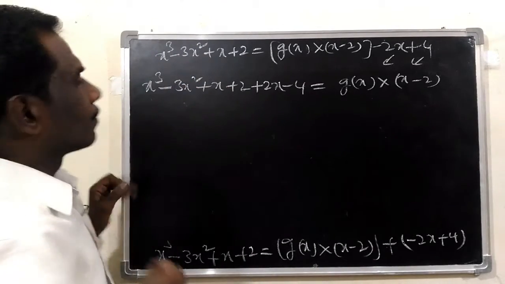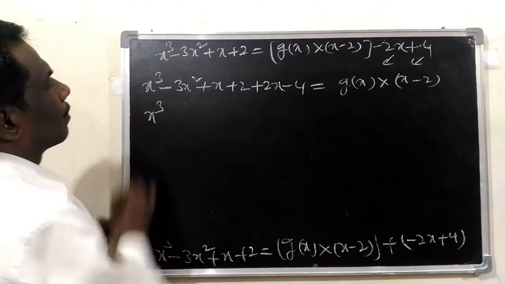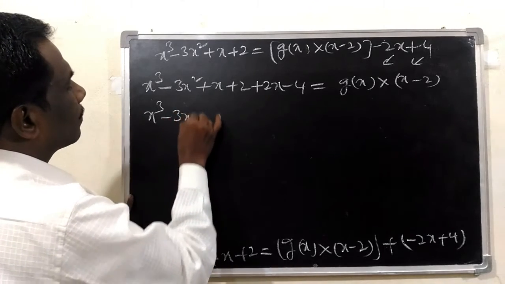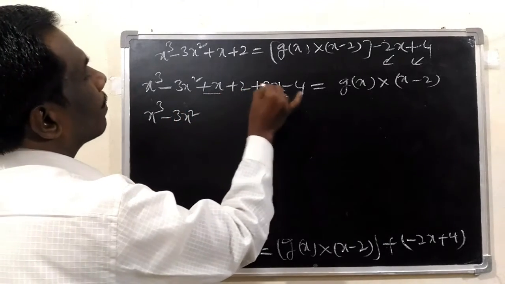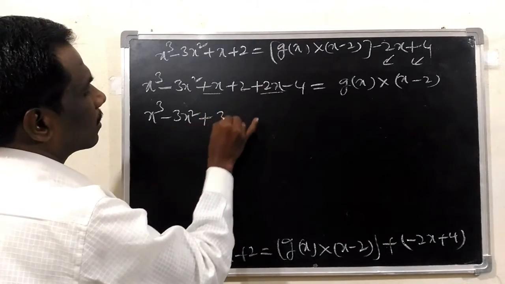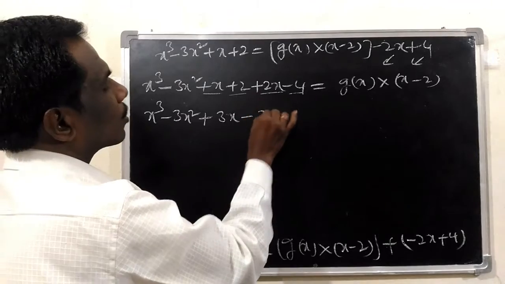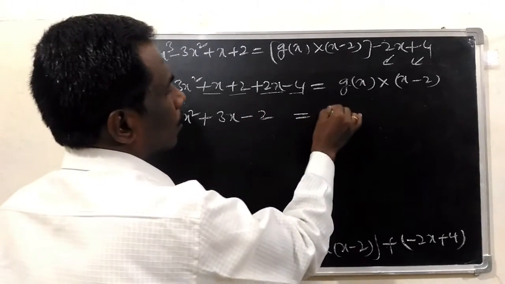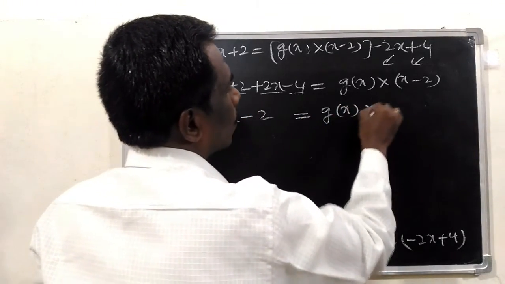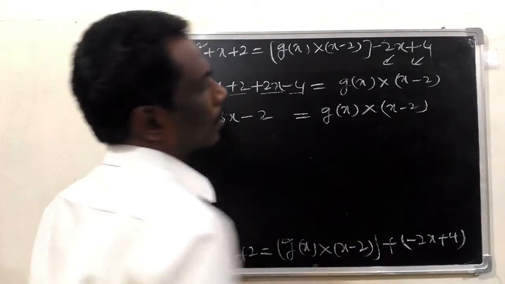Now we simplify it. x cube minus 3x square, and plus x plus 2x is plus 3x, plus 2 minus 4 is minus 2, equals g of x into x minus 2.